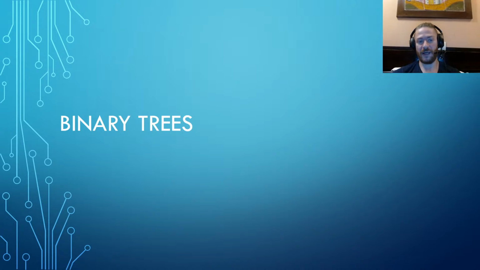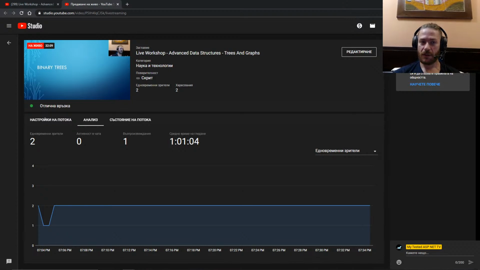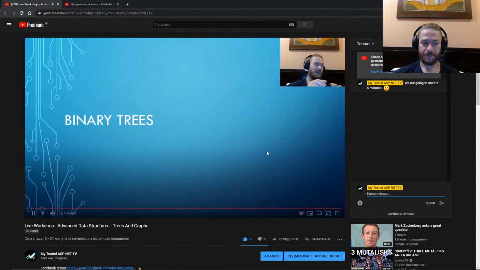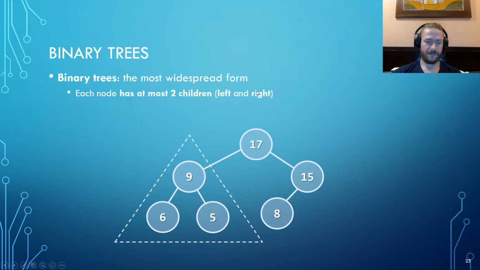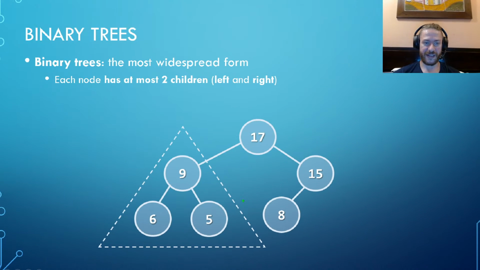For example, the binary tree. A binary tree is the most widespread form of a tree data structure. And what's important about a binary tree is that it has at most two children, left and right.